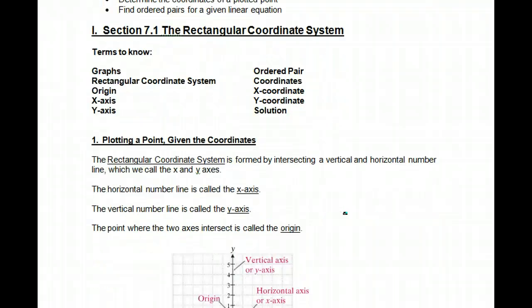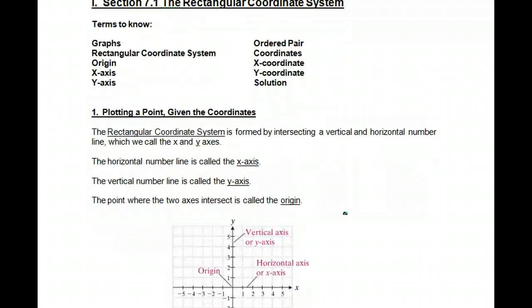The first topic that we are going to start with is plotting a point given the coordinates. The graphing system that we use is called the rectangular coordinate system. It is the system that is formed by intersecting a vertical and horizontal number line, which we refer to as the X and Y axes.